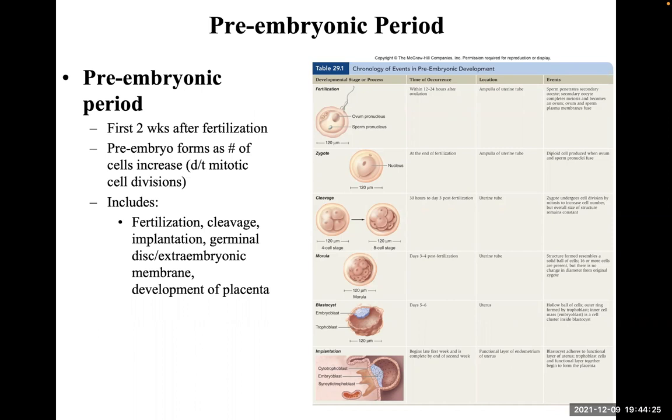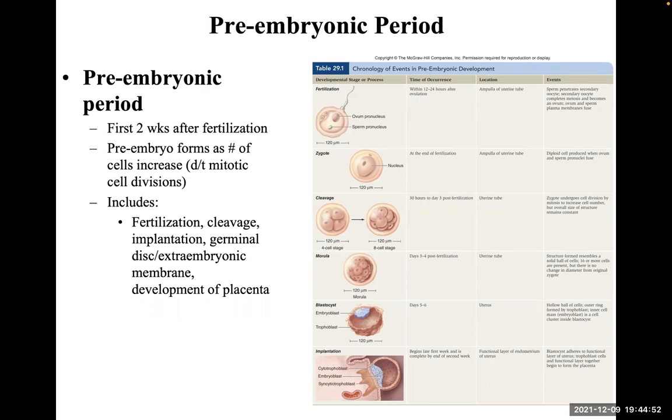It is roughly the same size as the zygote, but slightly bigger. And there's some differentiation or specialization of the cells that takes place. When we get to the morula stage, this structure is now getting close to leaving the fallopian tubes. And after the morula stage, we get the blastocyst stage.